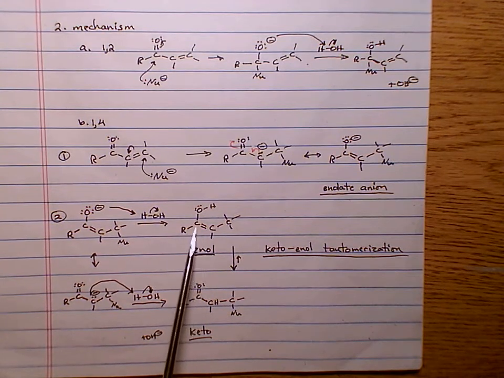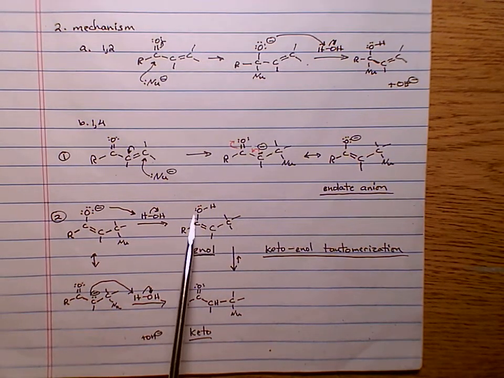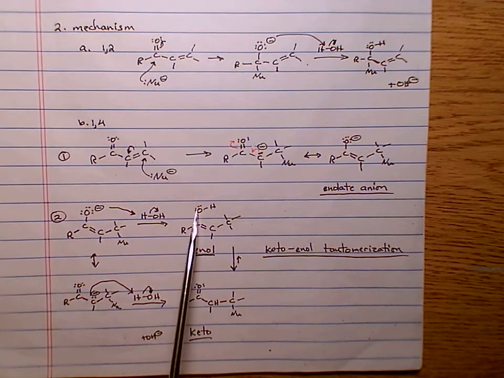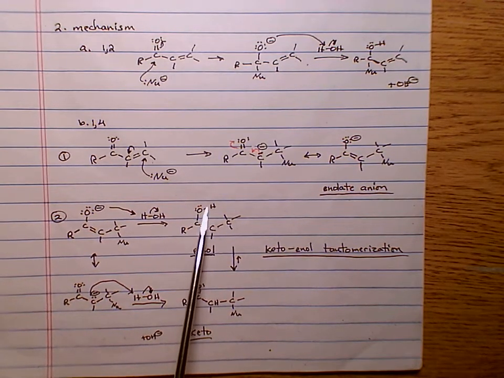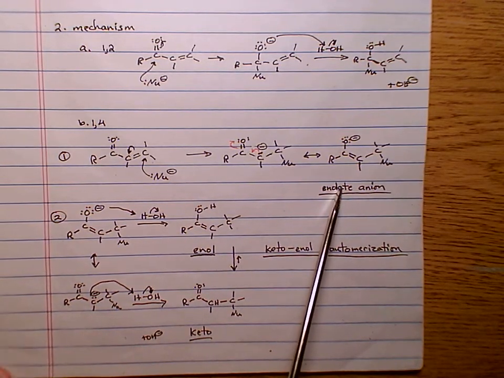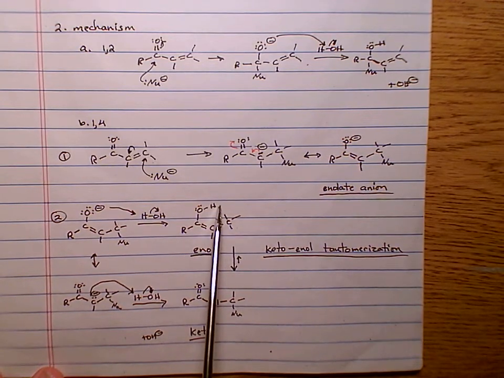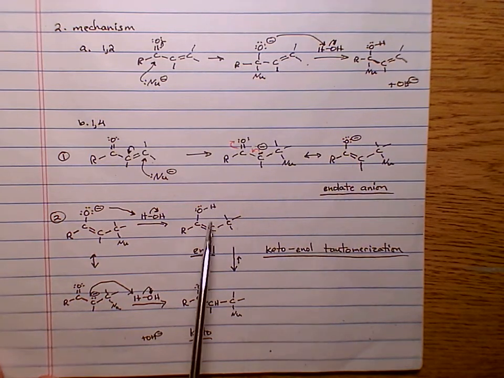Anytime you have a carbon-carbon double bond and one of the carbons containing the double bond also contains an OH, that's an enol. Remember, enol. And let's be specific, the one carbon of the double bond also contains the OH. This is the enol. We call this the enolate anion because it's an enol without the hydrogen. We've taken that hydrogen off to make the anion, so it's the enolate anion.